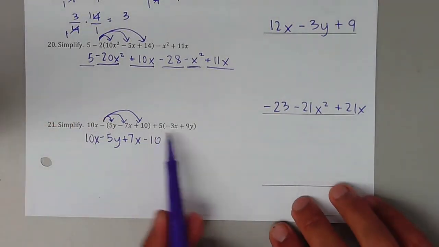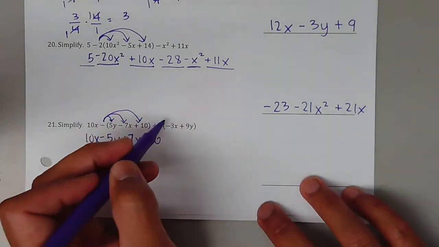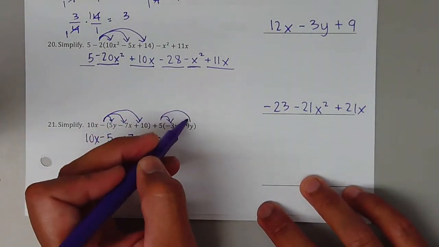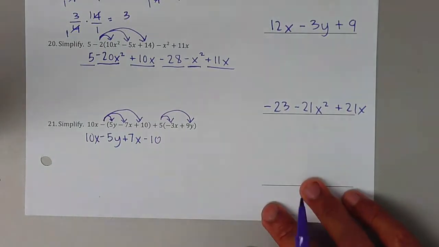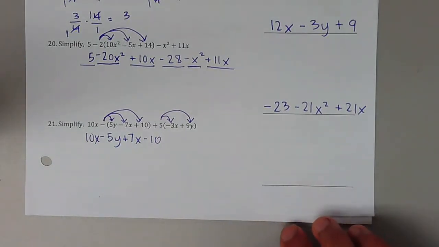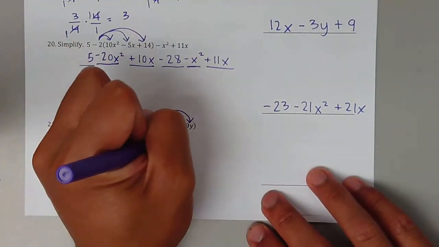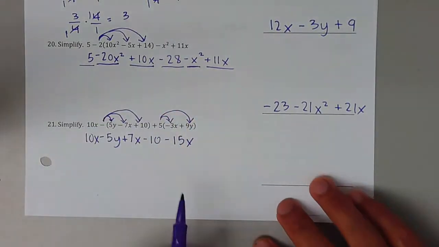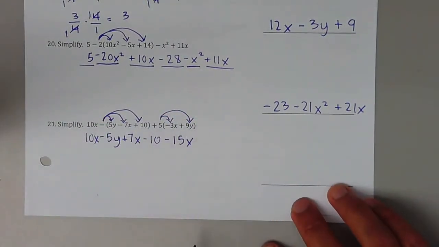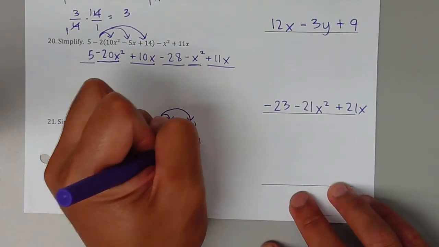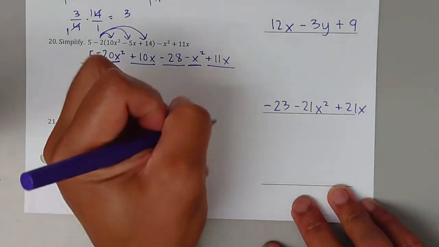And now we distribute this 5 to each of these. So 5 multiplied by negative 3x gives us negative 15x. 5 multiplied by 9y gives us plus 45y.